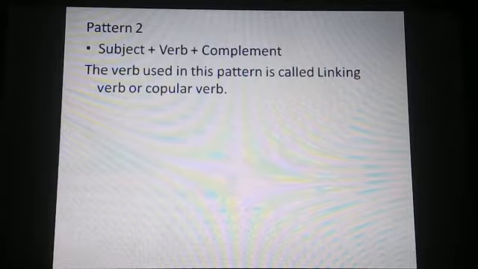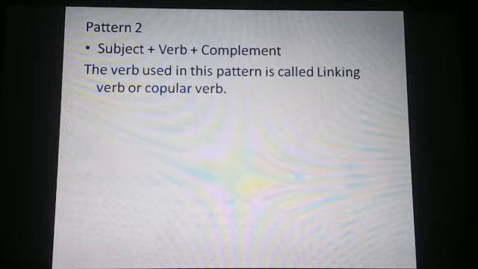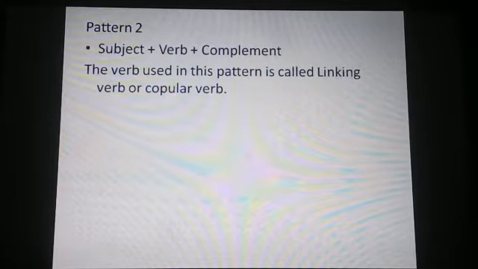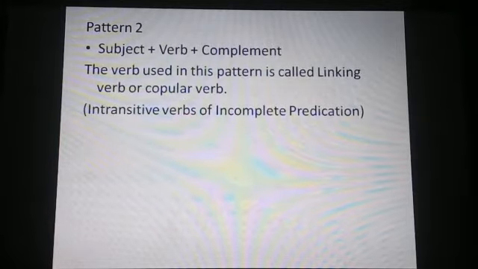It means the linking verb helps to join or link the subject and complement with each other. Now children, if you remember, I told you in the previous lecture that a linking verb is an intransitive verb. So, the copular verbs that we use in this pattern are intransitive verbs of incomplete predication.